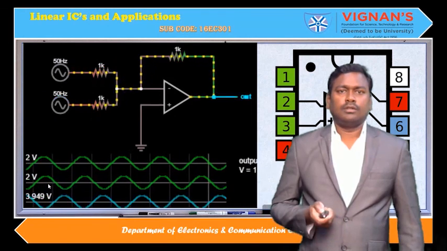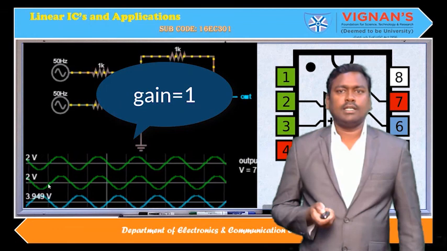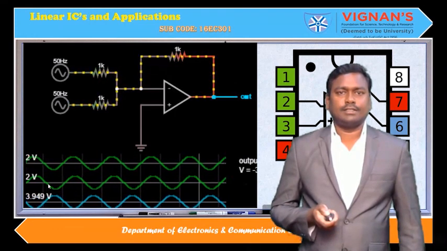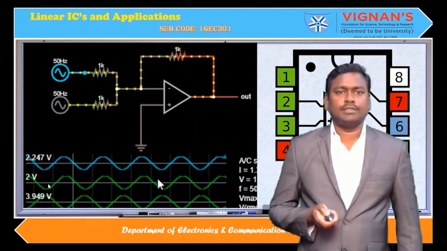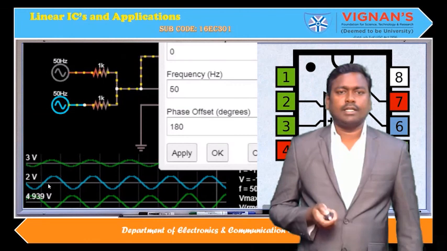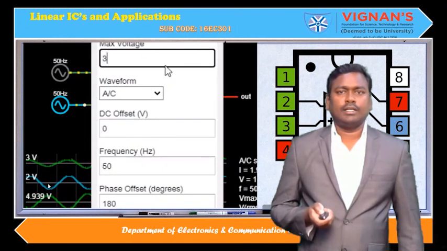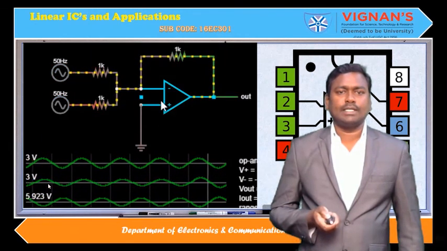So the output signal is equivalent to the sum of the two input signals. The first signal peak to peak is 3 volts. The second signal peak to peak is 3 volts. Then the output signal is the sum of the two input signals. So the output signal peak to peak is 6 volts.